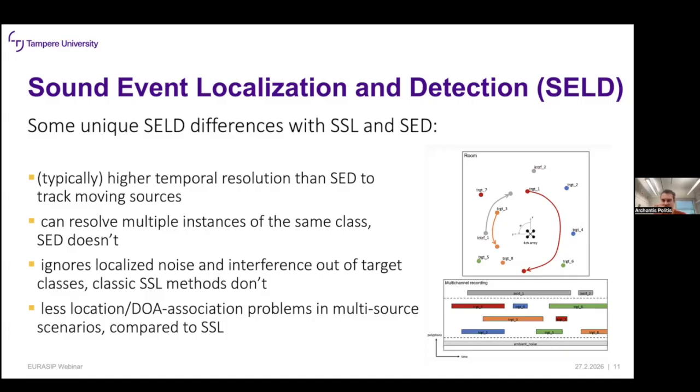Also, one can say that in multi-source scenarios, we typically have fewer association problems between the estimates and the true sources compared to traditional sound source localization, because the model distinguishes these different classes of sound.